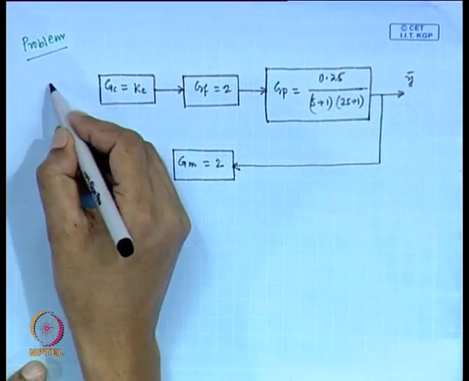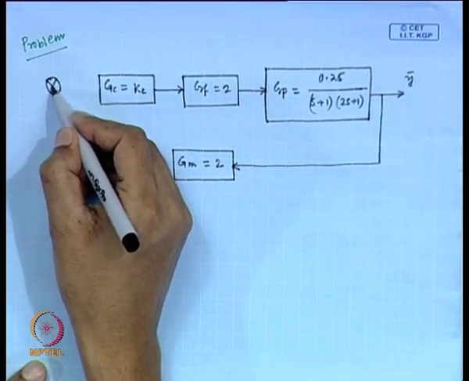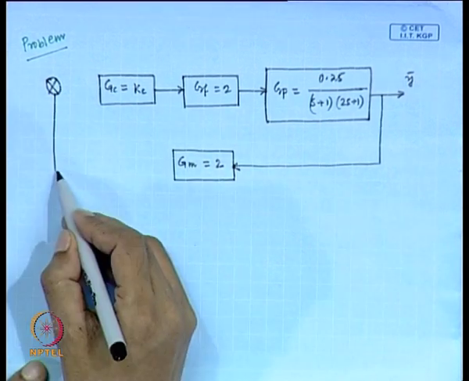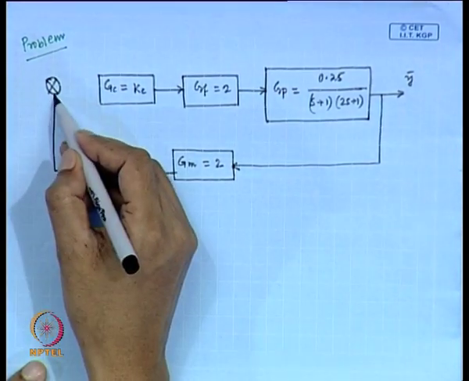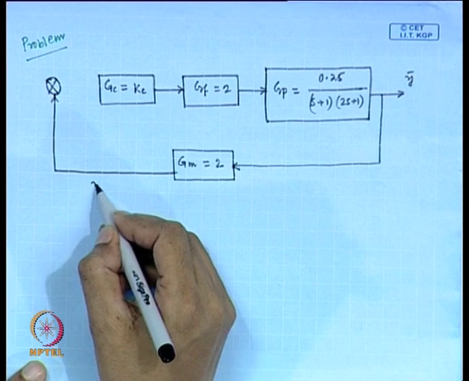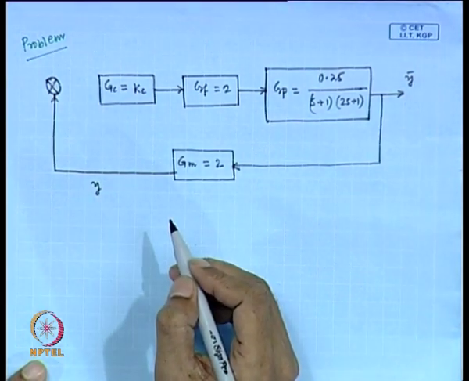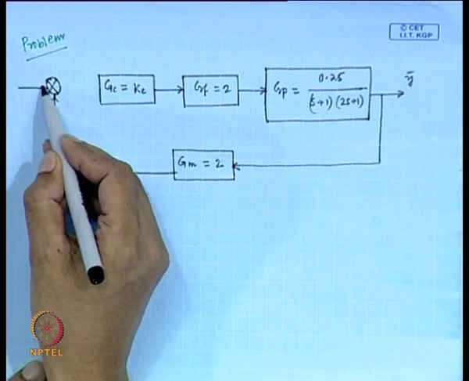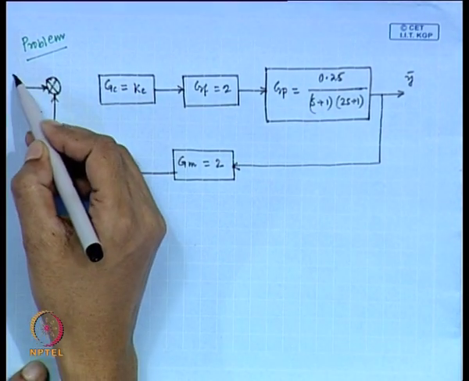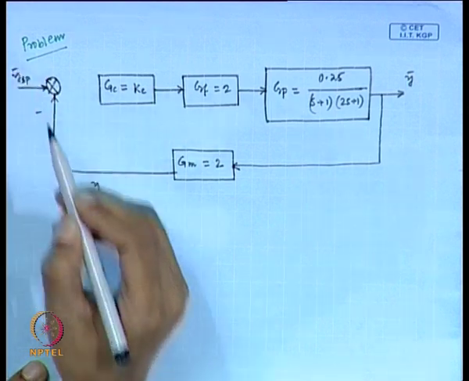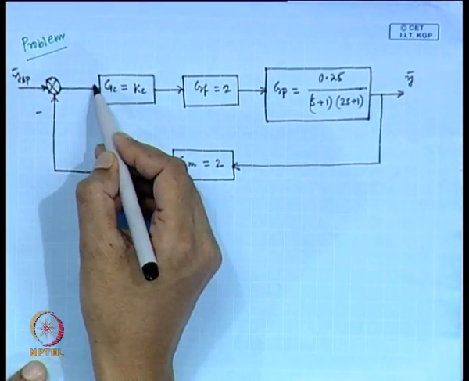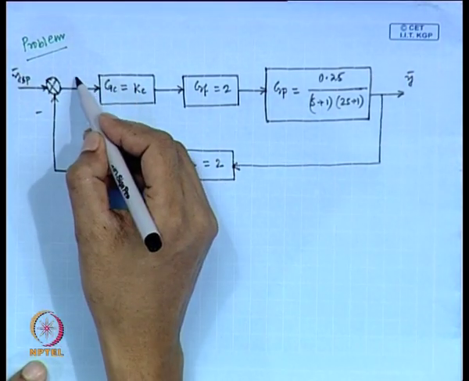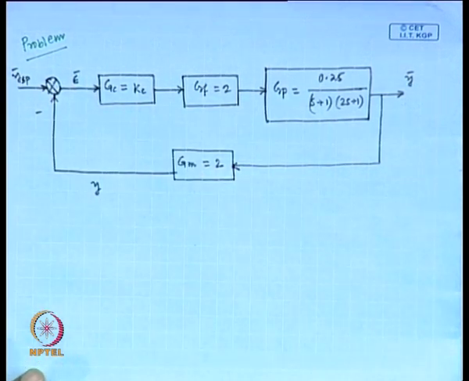The output of this measuring device is, suppose, y, and the output of the comparator is epsilon.